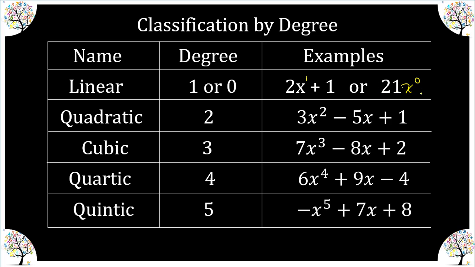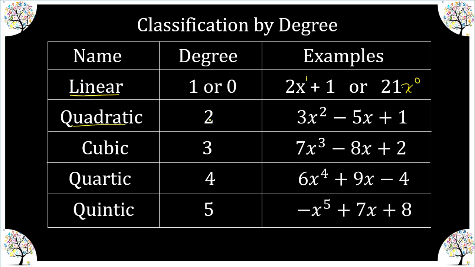So I've not changed the value. I'm just showing you why this is a degree of 0. So anytime you have just a simple constant or the exponent is 1 on your variable, you call it linear.